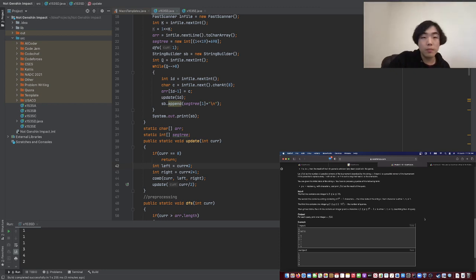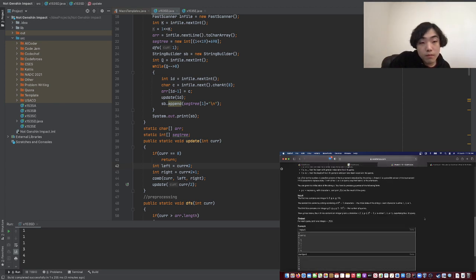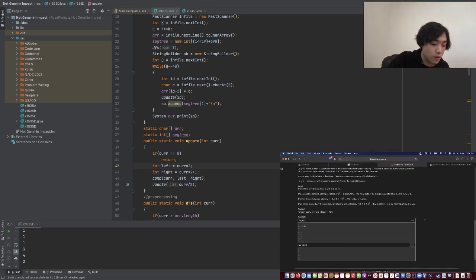If we have a node up here, then how do we draw this? It's 0, 1, 1, 0, and then question mark 1, 1.